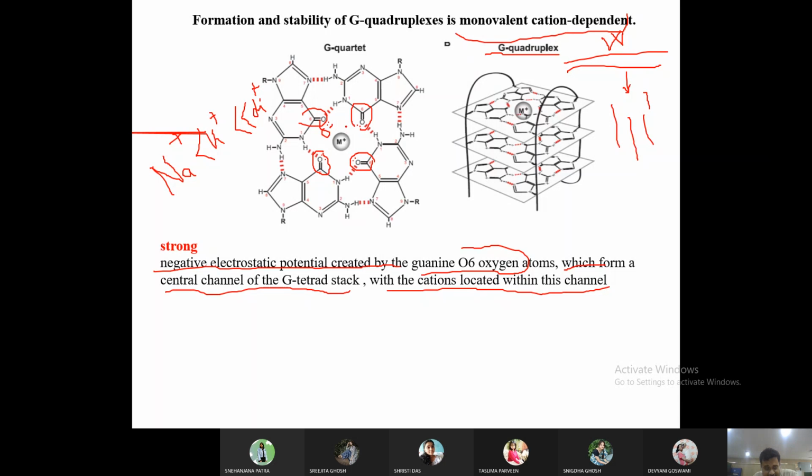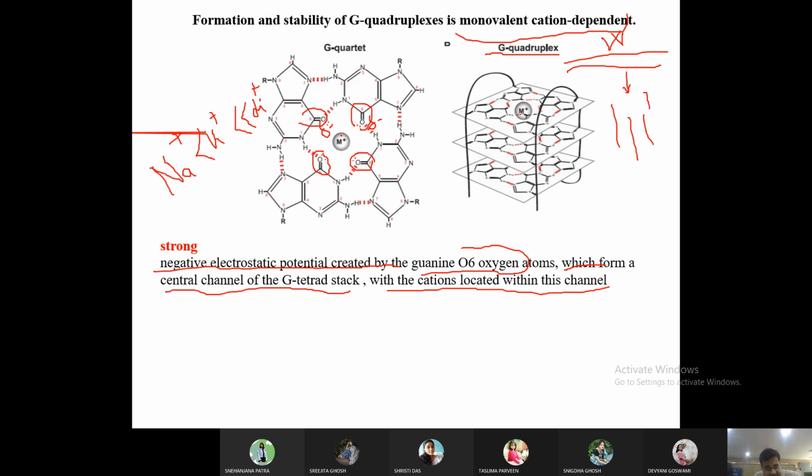I cannot say it is fully charged, because this oxygen was actually shared with this carbon here, but as oxygen is more electronegative, the electrons come closer to the oxygen and stay over it, and that gives this oxygen a partial negative charge.